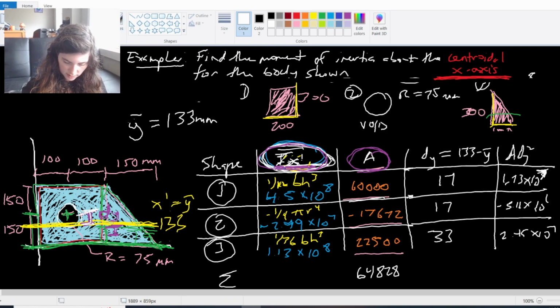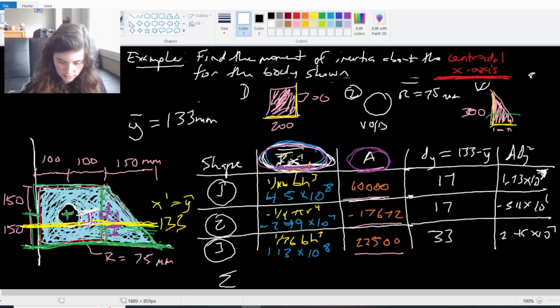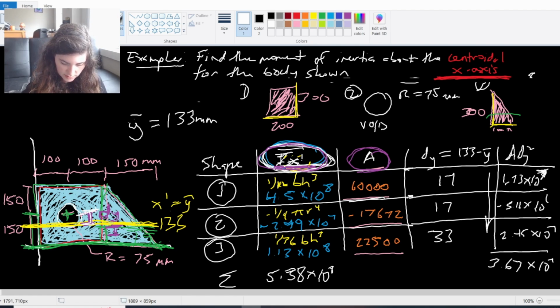And again, I just take the sum down the columns, right? I only need that first and last term for my moment of inertia. So exact same as the last problem. For this one, 5.38 times 10 to the 8th. And now I need to plug in my calculator, summing down this column. I get 3.67 times 10 to the 7th.